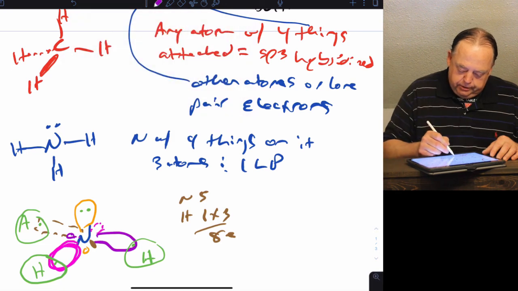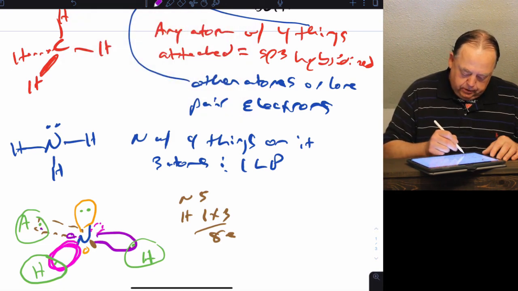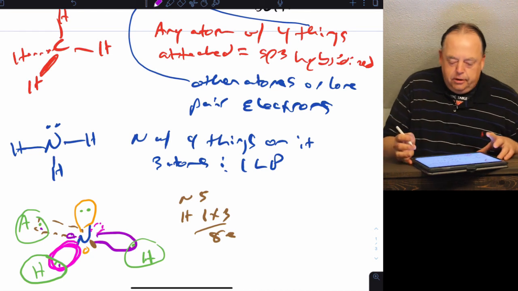And then hydrogen brings 3 electrons, and so that would be your 8 electrons.